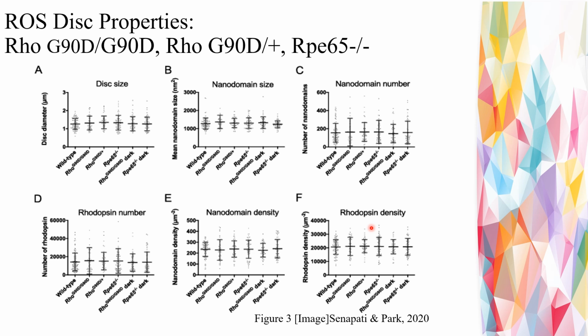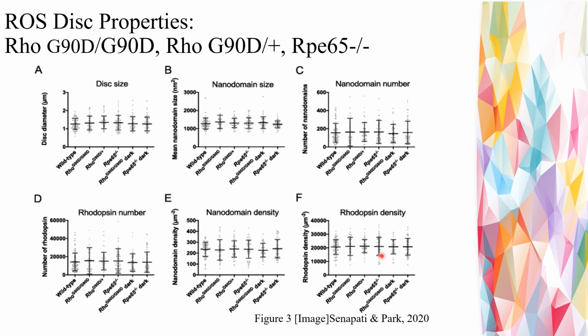The mice were housed in either constant light conditions or constant dark conditions, exhibiting opposing adaptations. Under constant dark conditions, when light was absent, photoreceptor cells increased rhodopsin density, as you can see here, in the ROS disc membranes.